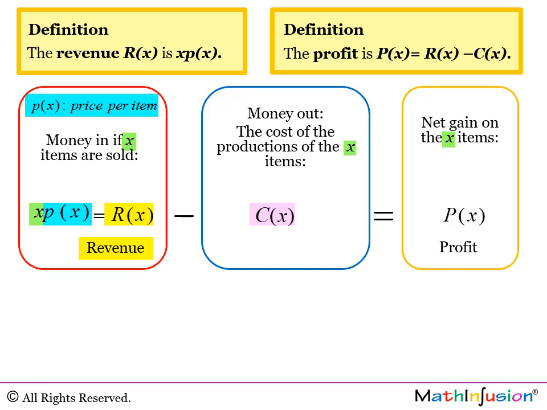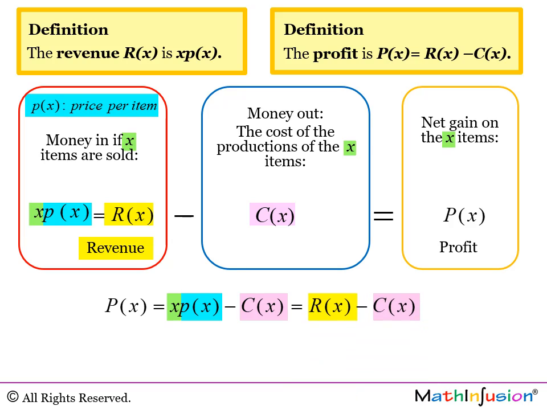That's why P(x), it's the revenue minus the cost, or if you want, the profit, for producing or selling x items. It is the number of items times the price of each, xP(x), minus the total cost to produce all these x items. The agenda of any business is to increase the profit.